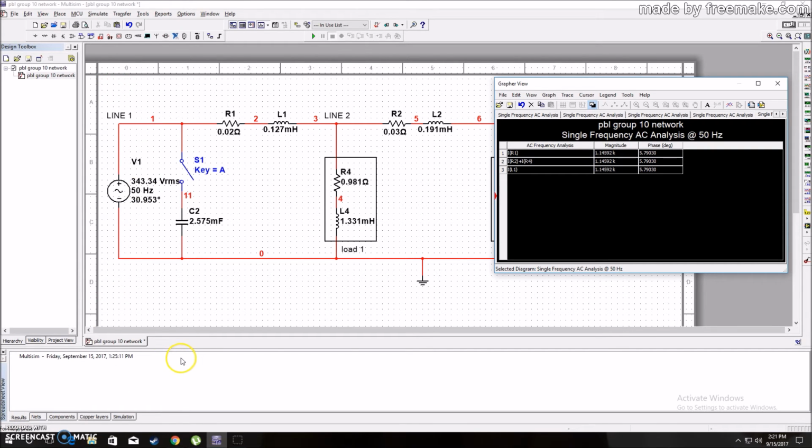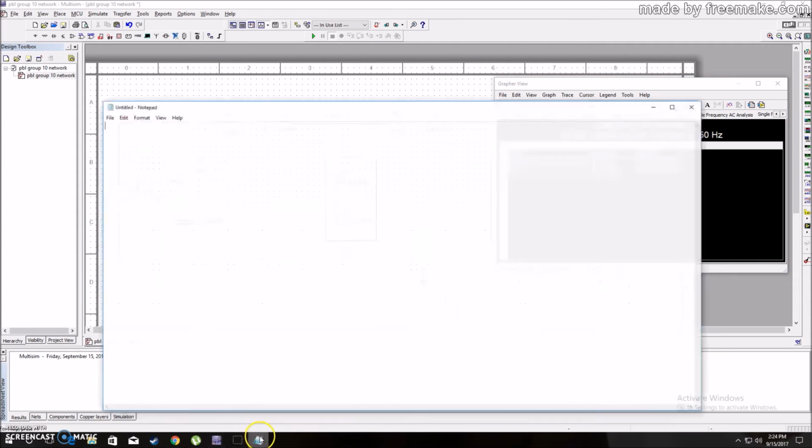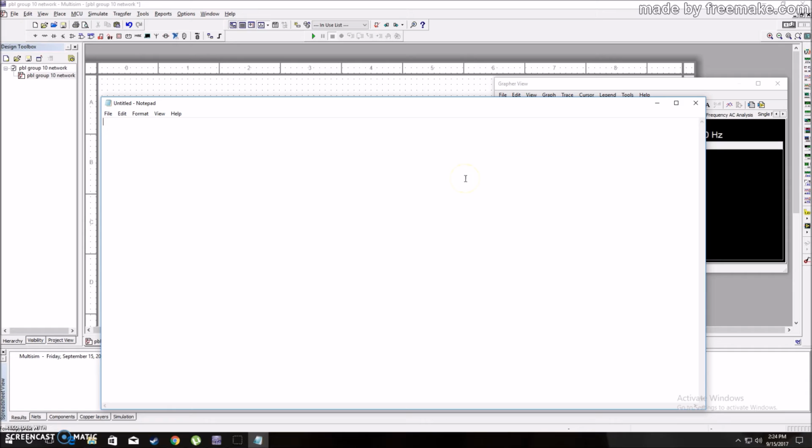That's it for the simulation of the current. Next, I'm going to explain how to measure the true power and the reactive power value by using the formula of apparent power, which is S is equal to V times the conjugate of I.